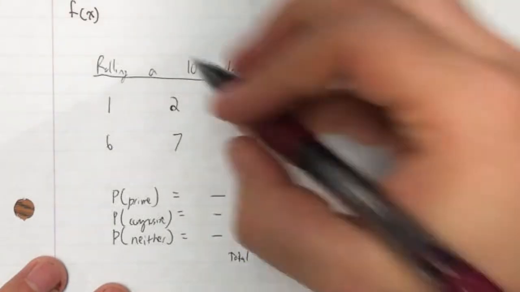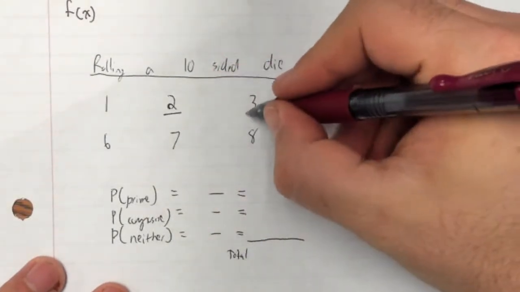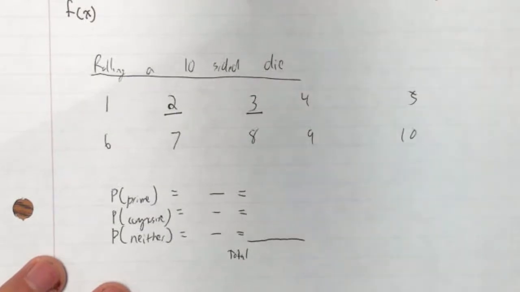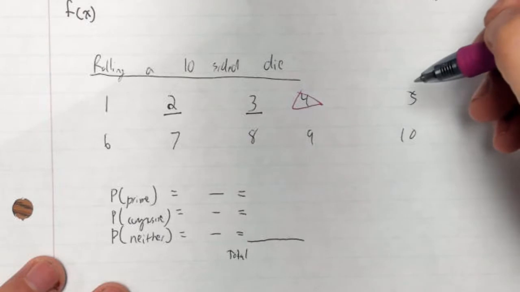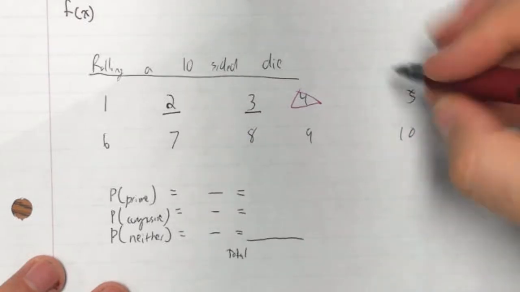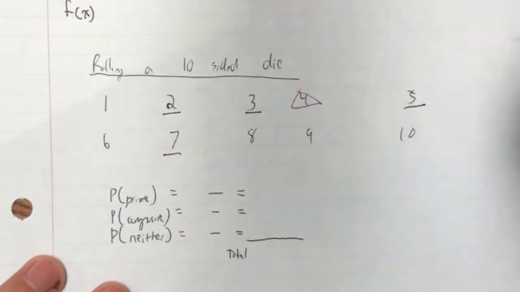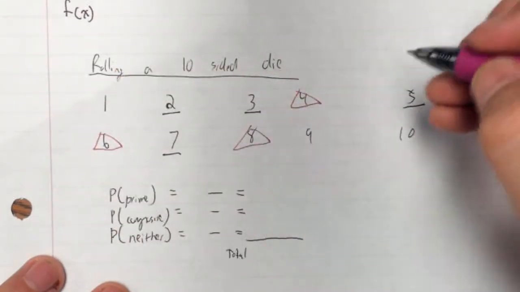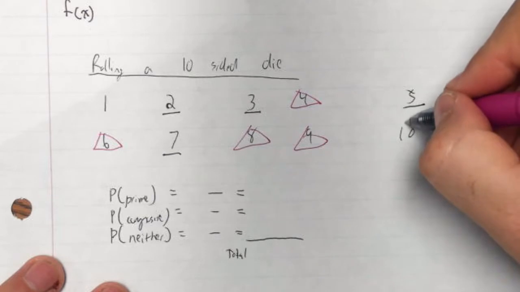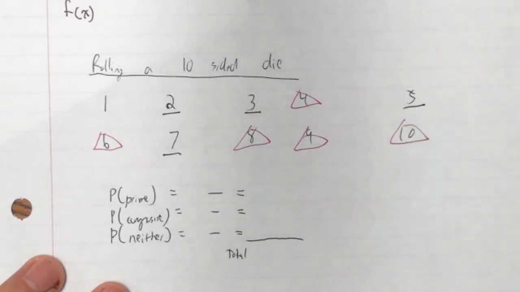So examples of primes would be things like 2 and 3. Now 4 is not prime, 4 is composite because 4 is 2 times 2. 5 is also prime, 7 is prime, 6 is 3 times 2, composite, 4 times 2 is 8, 3 times 3 is 9, 2 times 5 is 10, so these are all composites.